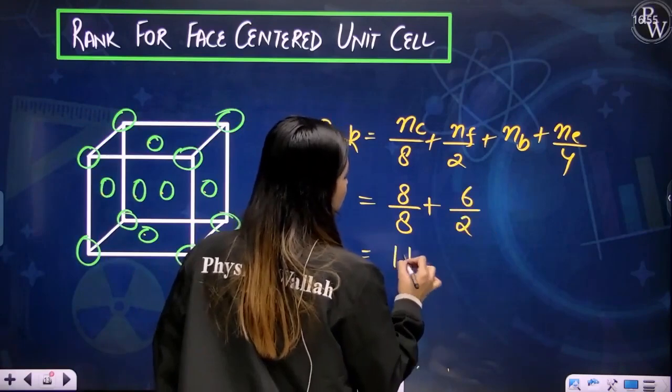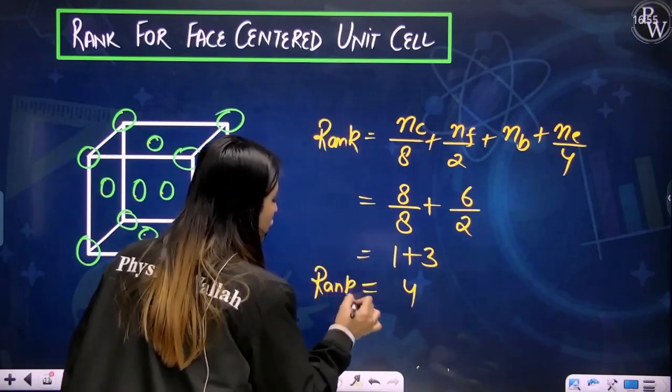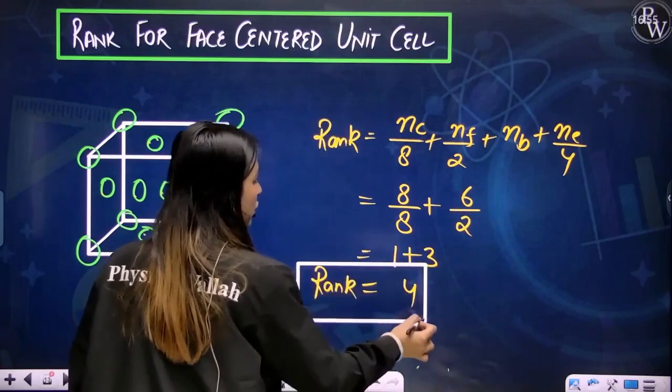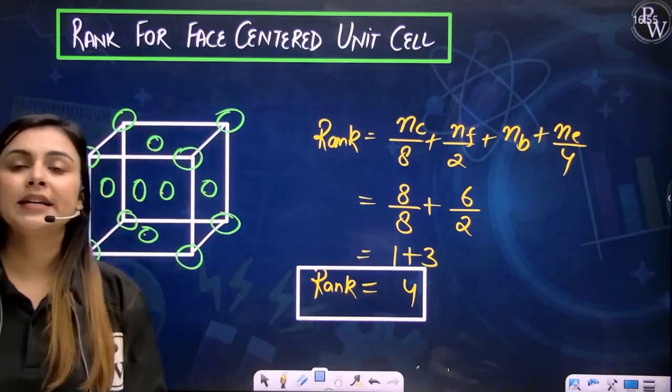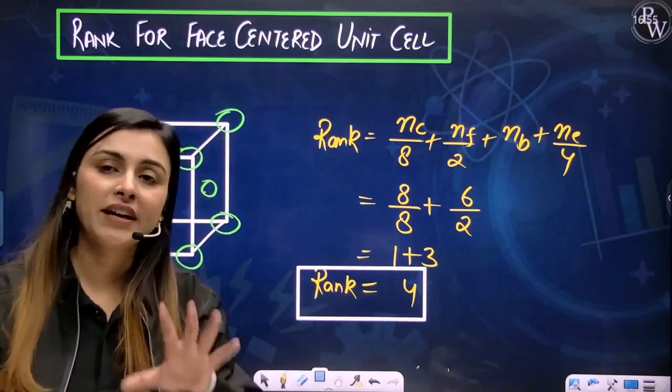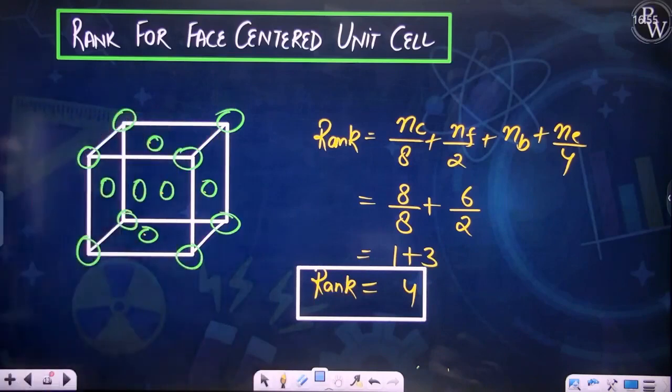So this would be 1 plus 3, which is equal to 4. So the rank for a face-centered unit cell is 4. 4 effective atoms are present in a unit cell. This is how you calculate the rank for a face-centered unit cell. Please write it down and then we'll move forward.